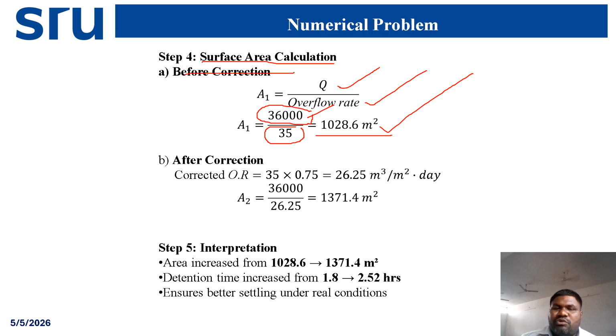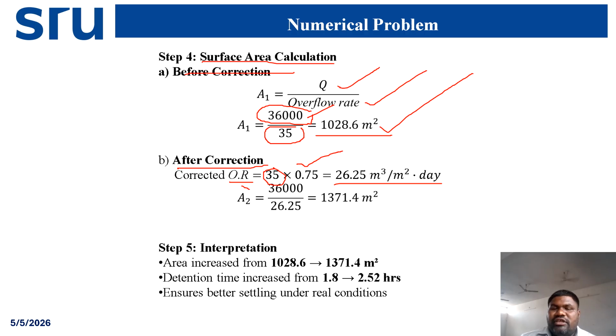Next we need to go for the area after correction. The overflow rate theoretically is around 35. The correction factor will be 0.75, given in the question. Then the corrected overflow rate will be 26.25 meter cube per day per meter square.